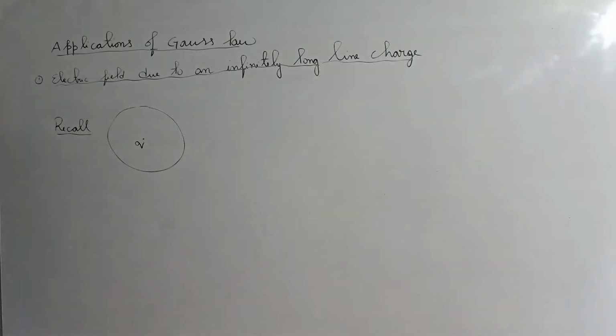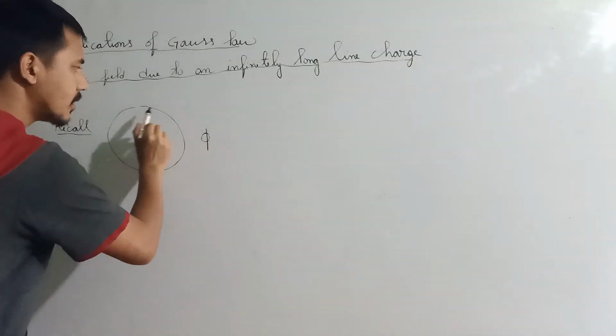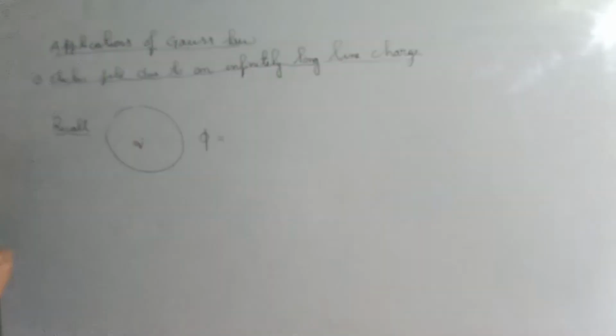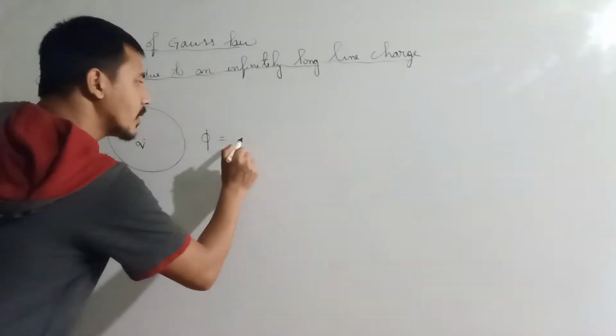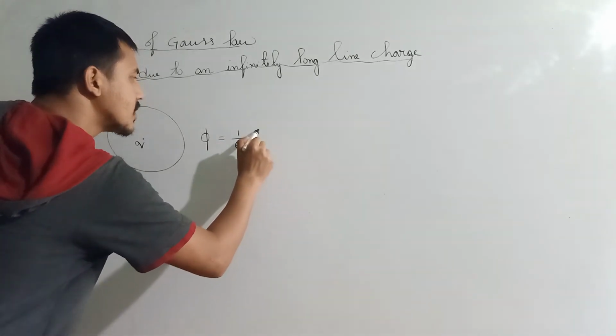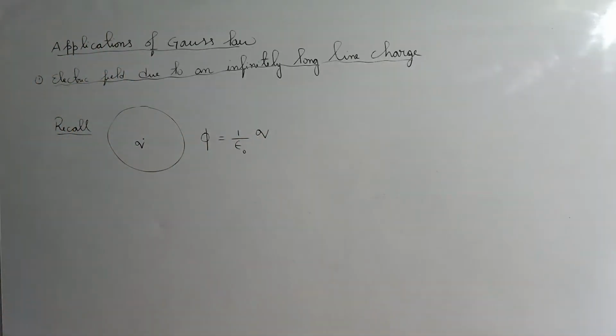Then the total electric flux through this closed surface will be given by 1 by epsilon naught times the charge enclosed by the sphere.